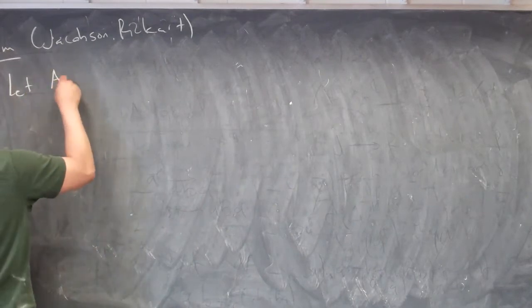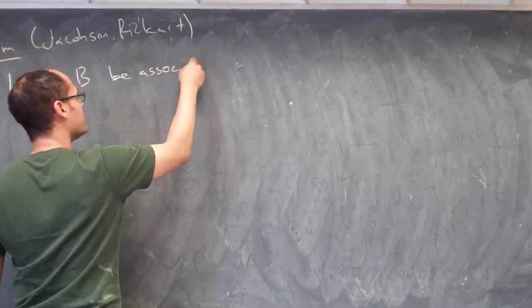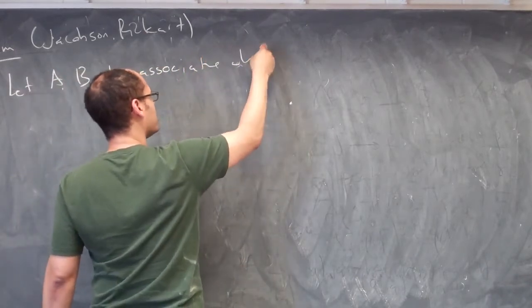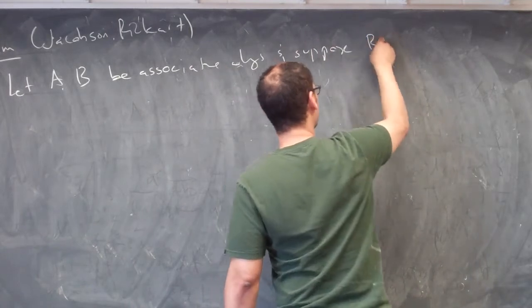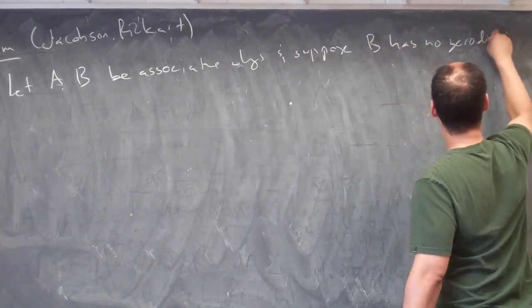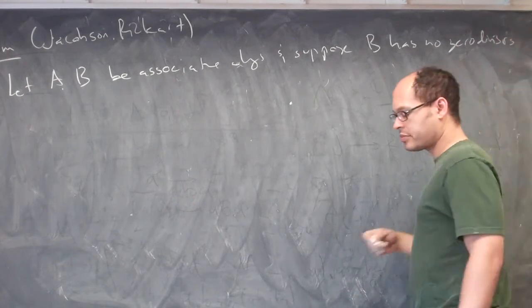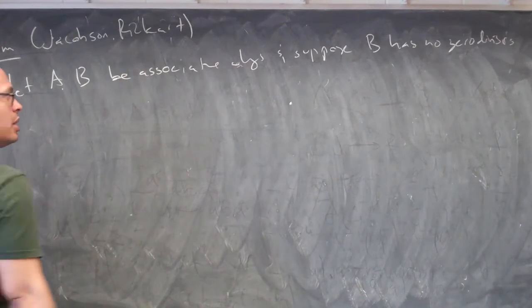Let A and B be associative algebras, and suppose B has no zero divisors. Otherwise, the statement is just a lot more complicated.